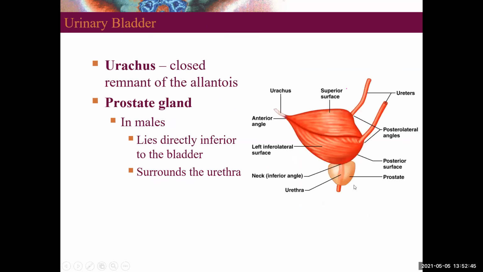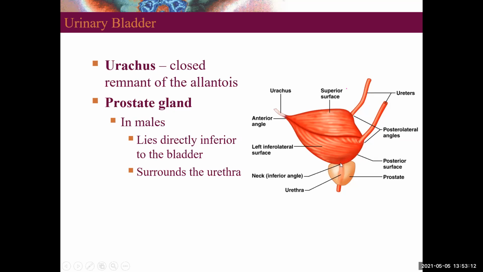So this is the smooth muscle wall of the urinary bladder, and then you see the ureter. The ureter opens in an oblique way so that when the bladder fills, it is not regurgitating the urine back into the ureter. It prevents backflow of urine from the bladder into the ureter because it has an oblique opening into the bladder.